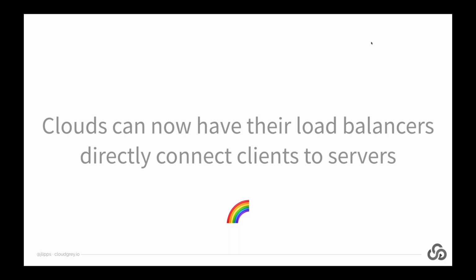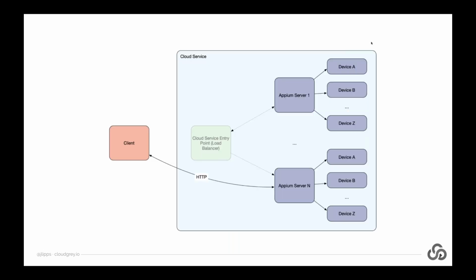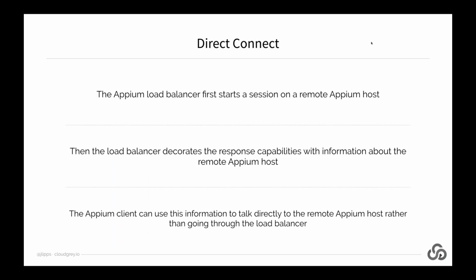So that turns the previous architectural diagram into something that looks a lot more like this, where after the initial request to the load balancer, any subsequent request from the client to the Appium server no longer goes through the load balancer as an intermediary. Instead, it goes directly to the Appium server. So essentially it cuts out the middleman, saving any time lost due to latency that you get from making these multiple hops. So we call this Direct Connect.